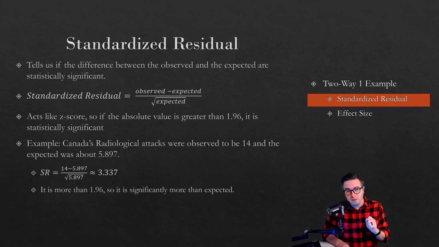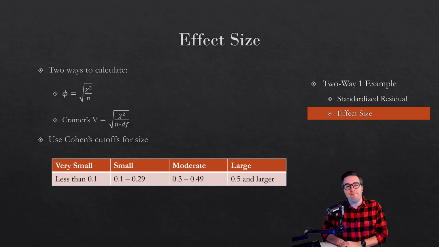When we calculate the standardized residual, we get about 3.337, which is greater than 1.96. So we would say that's significantly more than what we would have expected. That's how we can gauge how strong one of these observations is from what we expected. The next thing we're going to talk about is the effect size.